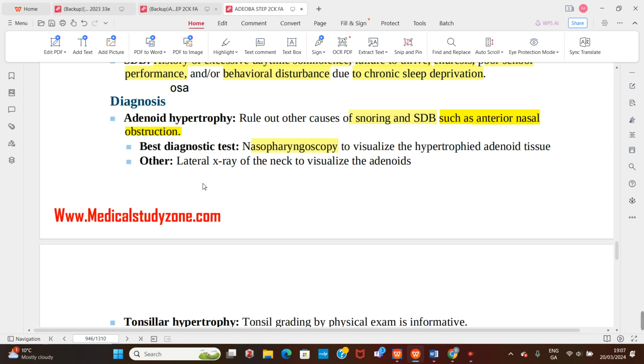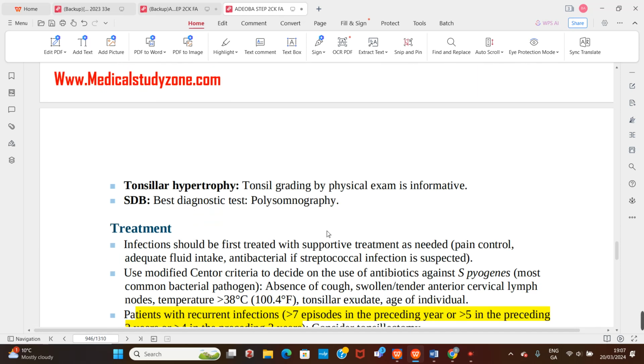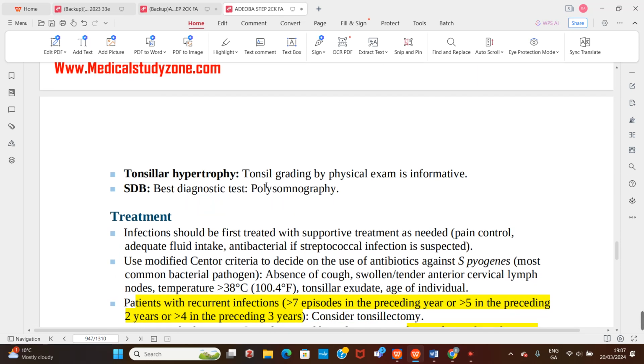You can also try to do a lateral neck X-ray. You are going to get a visualization, but nasopharyngoscopy is the best. So you can also examine for the tonsillar hypertrophy by the time you tell the person to open the mouth. You can grade it, but I don't think the grading is important. Yeah, because kind of grade, I think like grade 1 to 5 or something. So, but both of them, they go hand in hand together.